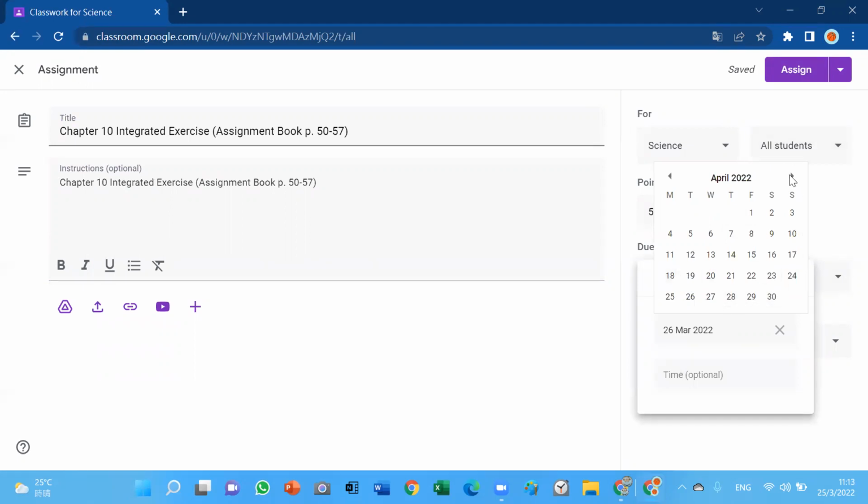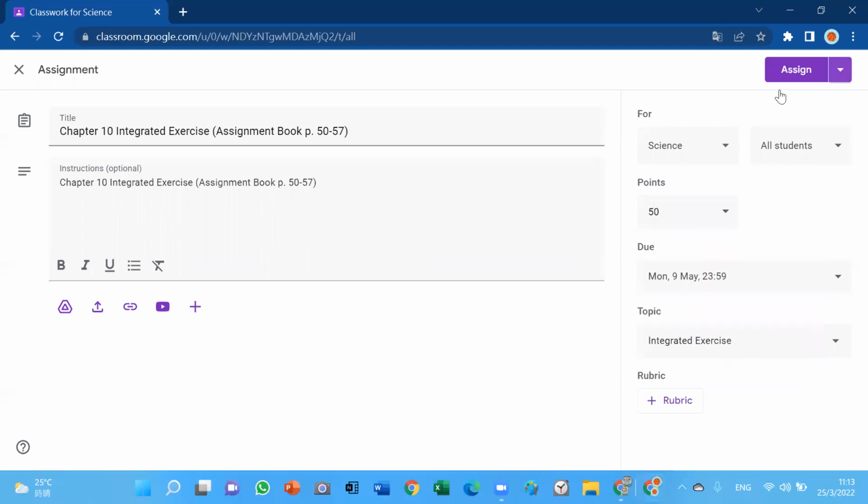The due date is on the 9th of May. Okay. So total 50 marks. It's for revision.